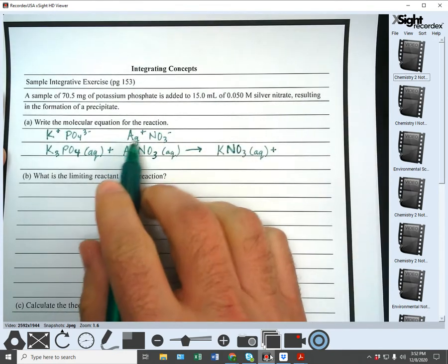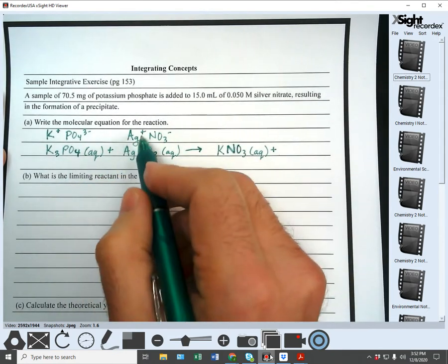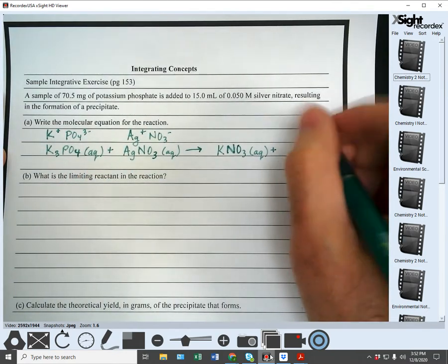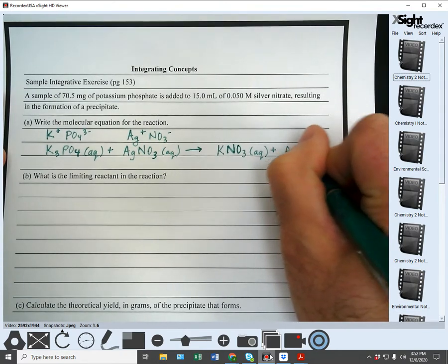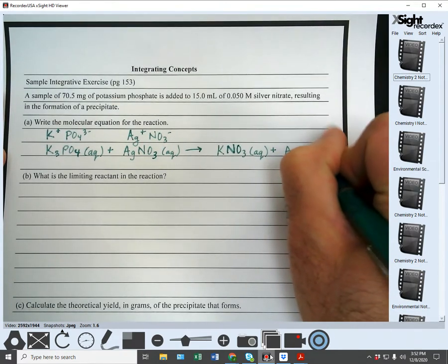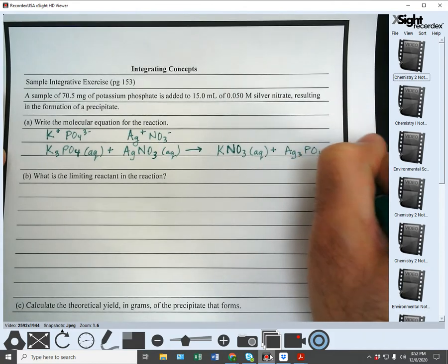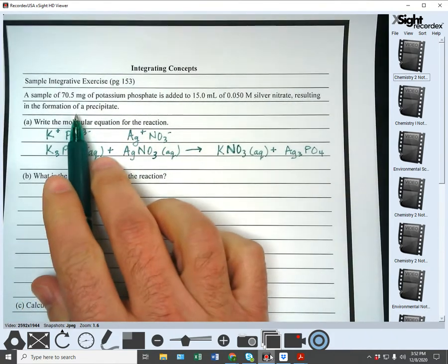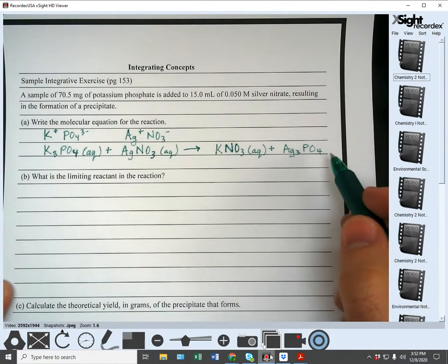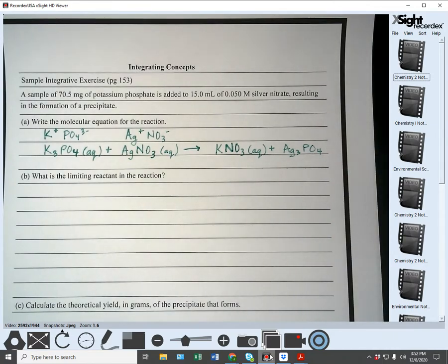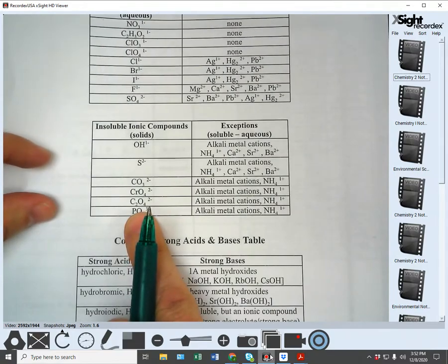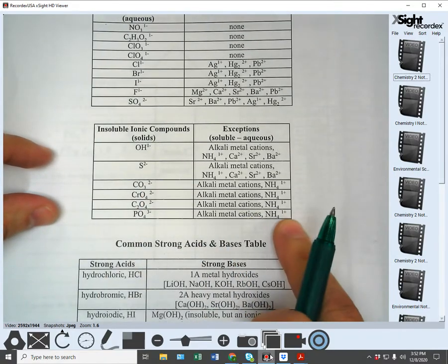That means we're combining the silver with the phosphate. So silver is a +1, phosphate's a -3. So we should have Ag3PO4. Okay, now they said the formation of a precipitate, that means this should be a solid. I'm going to double check on my solubility rules table. PO4 is a solid unless it's an alkali metal or NH4.